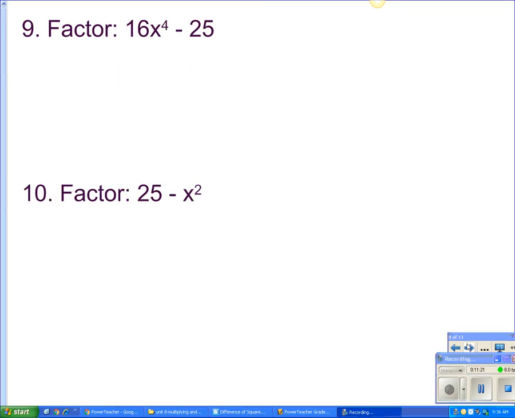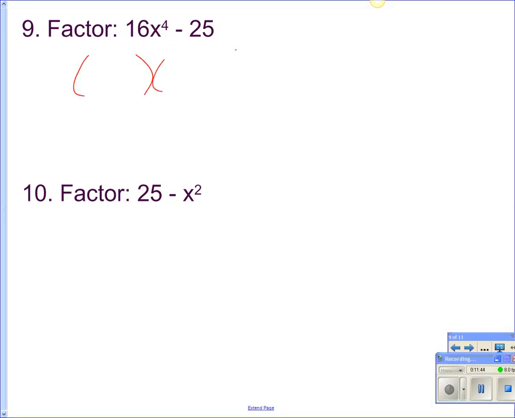Number 9, 16x to the 4th minus 25. Number 9, 16x to the 4th minus 25. Zaria, how should I start? Good.